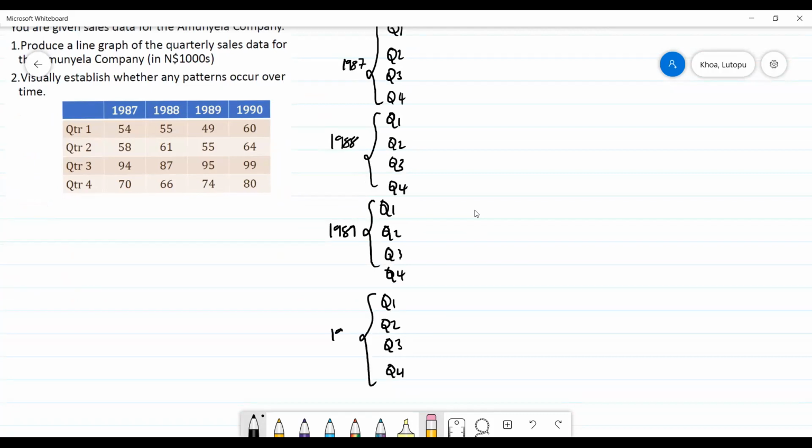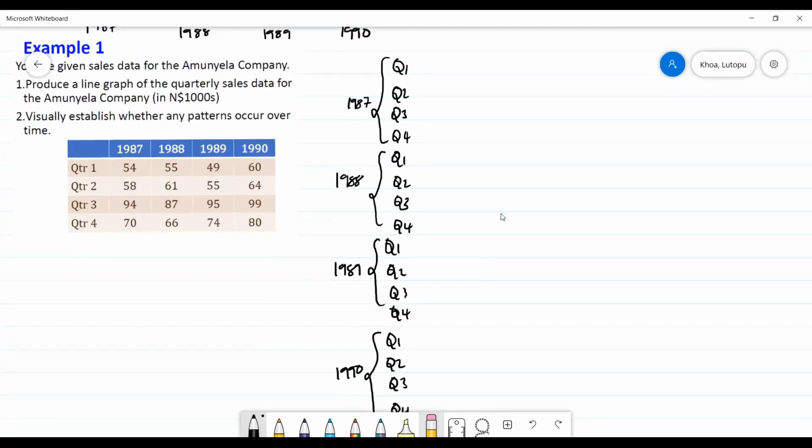This is 1990. Okay, so we are going to draw a table that looks like that, and then in our next column, we write the sales. So this is the period or the time periods that we're looking at.